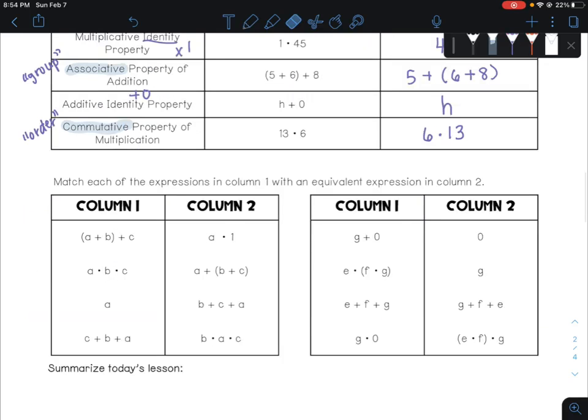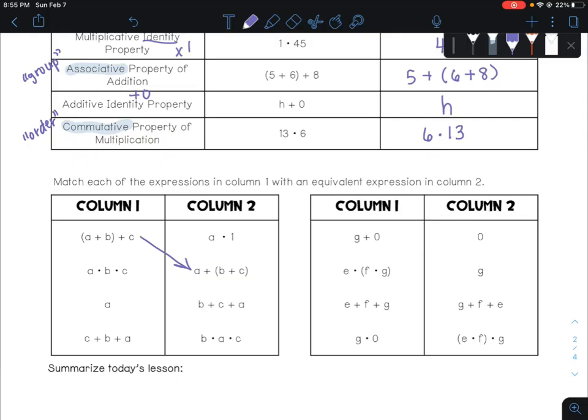Okay, so last up. Let's make sure we got it here. So we're going to match which ones are equivalent. So A plus B grouped together plus C would be equivalent to the only other one with groups, A plus the group B plus C. Okay?